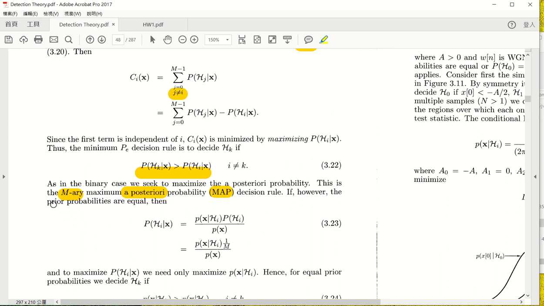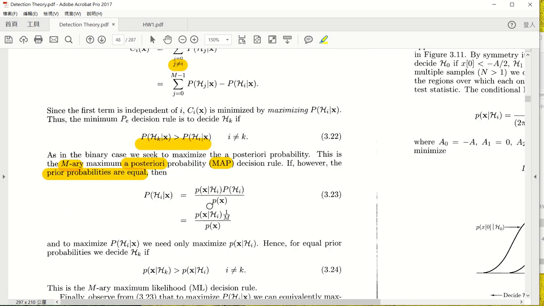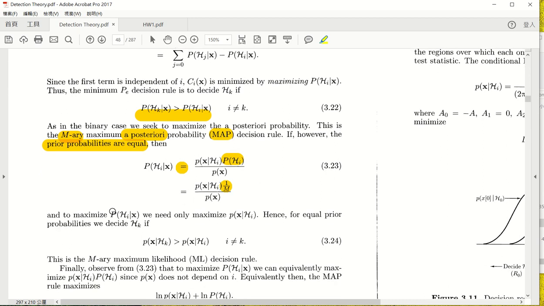However, the priors are equal. If the priors are equal, then it will be something like this, right? This is just the basic probability identity, and then you see if they are equal, then this P of Hi becomes 1 over M. So the others are the same. And to maximize this thing, we only need to maximize this thing.